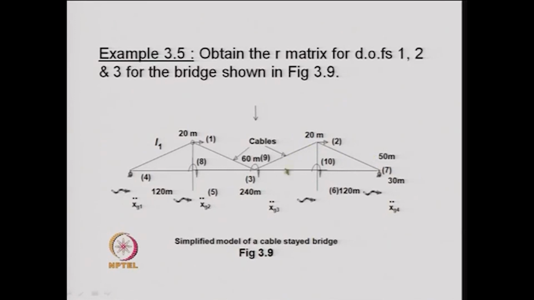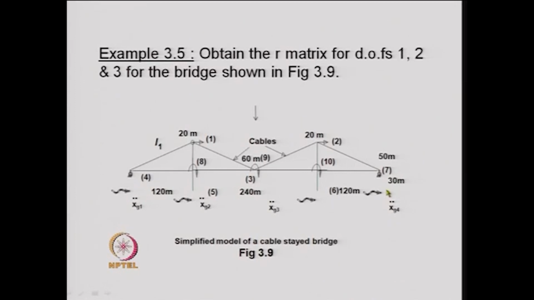entire equation of motion is written for these non-support degrees of freedom. In addition to these degrees of freedom, there are rotations at these points, and we have translations at this support point, this support point, and this support point, and this support point.